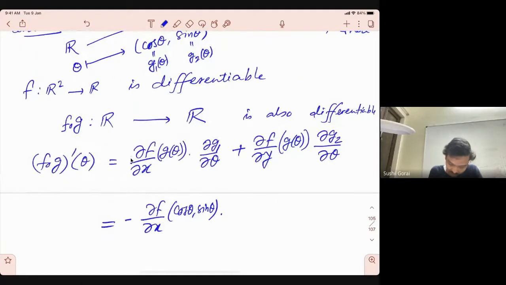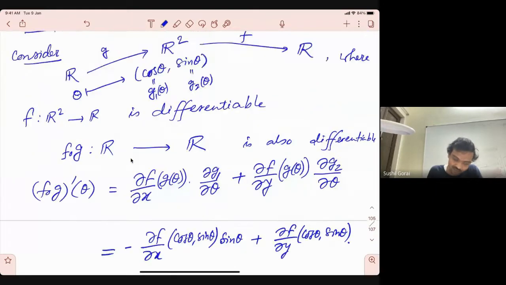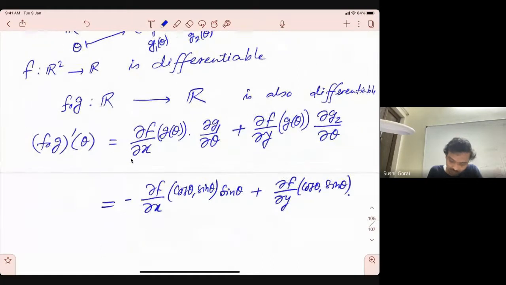So minus sin theta comes here, plus del f by del y at (cos theta, sin theta) times del g2 by del theta. g2 was sin theta, so the derivative will be cos theta.